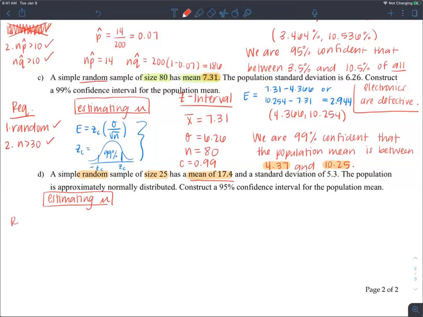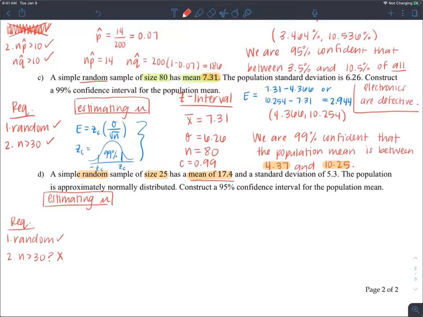So the first requirement is to make sure that it's random. And since we're estimating mu, the second requirement would be that n is greater than 30. Is that true in this case? No, right? So what else am I told? If that is not true, what else takes care of that second requirement?